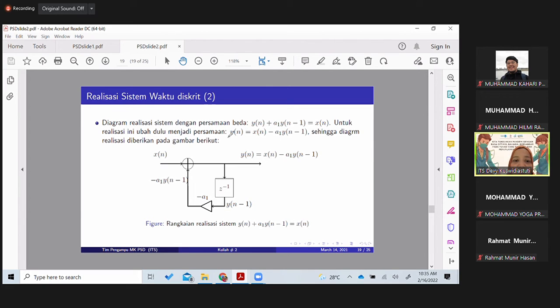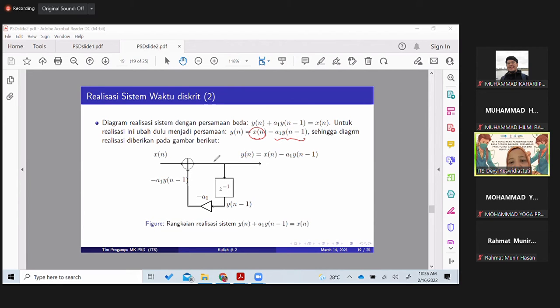So the differential equation is here: yn equals xn minus a1 yn minus 1. We already have xn here. And then the next one is a shifted version of yn multiplied with a1.